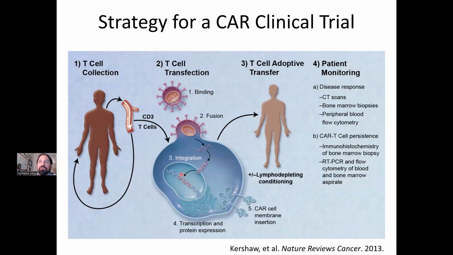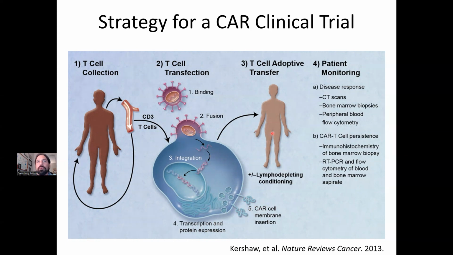This DNA goes into the nucleus, and this chimeric antigen receptor gets transcribed and expressed. Now these T cells that you took away from the patient are supercharged with this chimeric antigen receptor. These T cells that have been manufactured to produce this unique cancer-killing receptor are now reintroduced back into the patient.